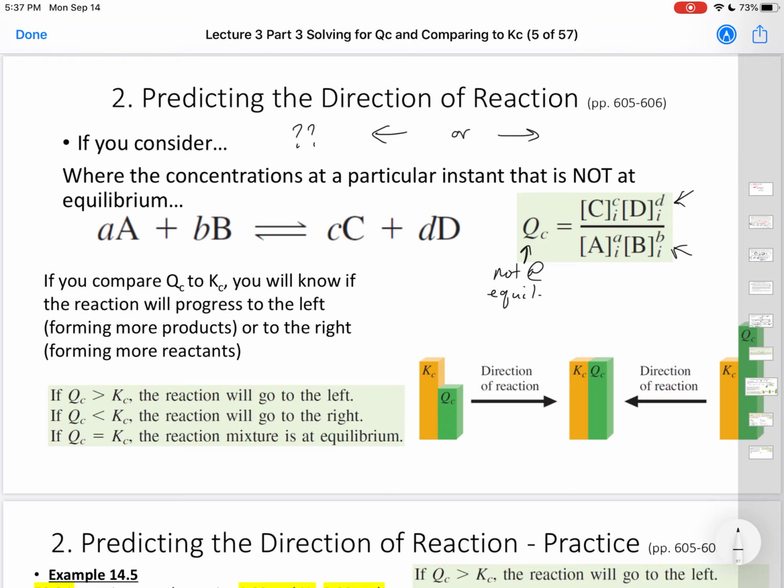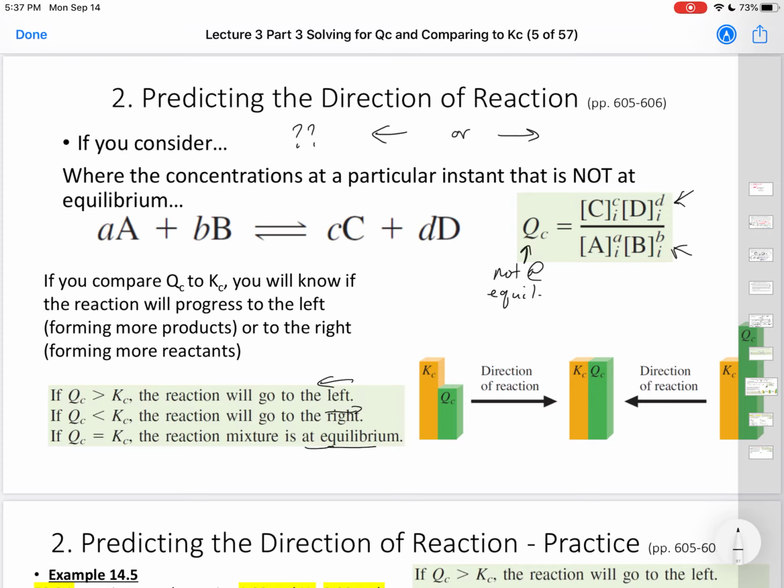You're going to plug them in, and you're going to compare this number to Kc. If Qc is greater than Kc, the reaction will go to the left, towards the reactants. If Qc is less than Kc, it'll go to the right, towards the products. And if Qc equals Kc, obviously the reaction is at equilibrium.